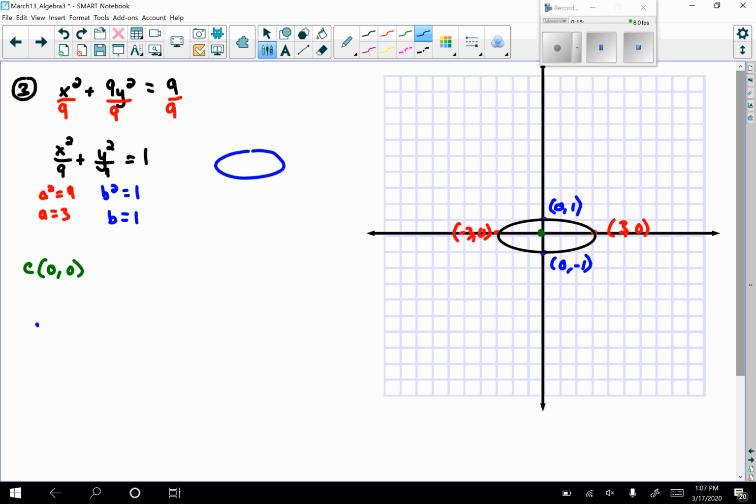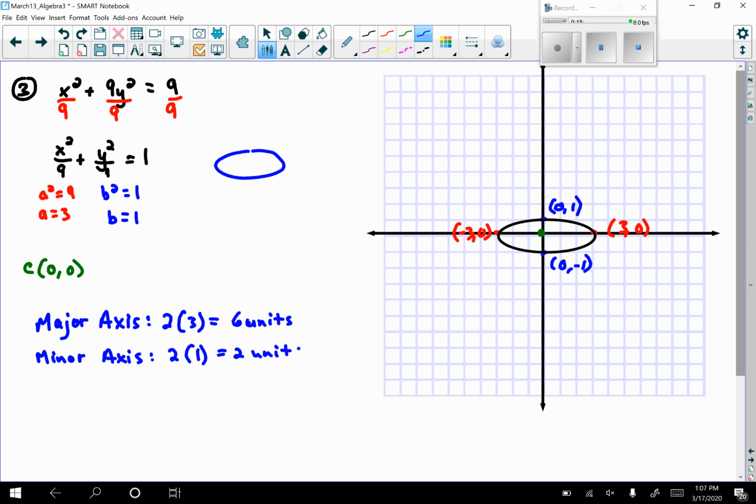The length of the major axis is going to be 2 times a, so 2 times 3, so I have 6 units. We'll go back to the picture and count as well. And then the minor axis is going to be 2 times b, so 2 times 1 is just going to be 2 units. Remember, you can also check on your graphing calculator or Desmos. Go ahead and type in the equation for each one and then see what graph it's giving you.